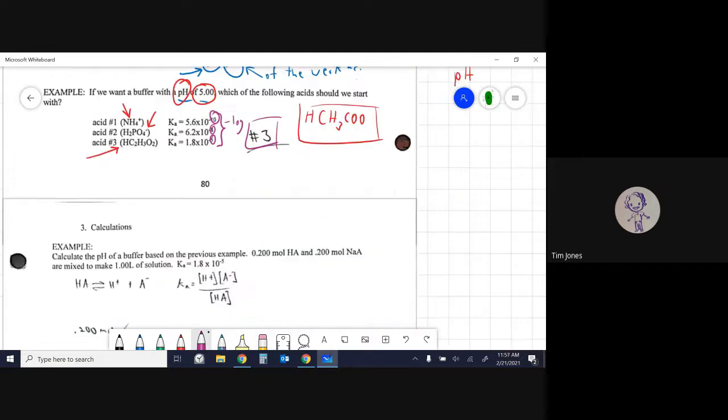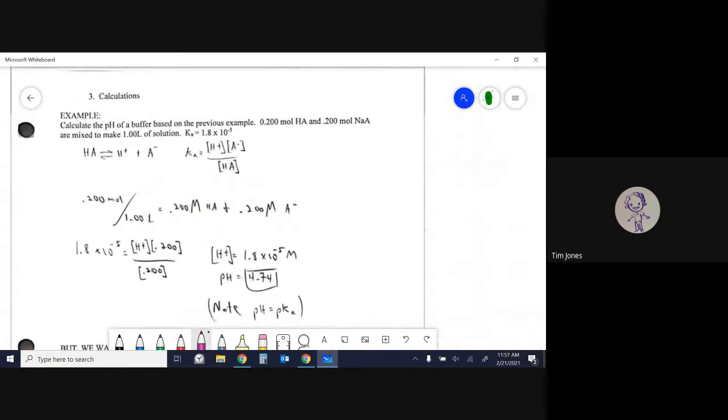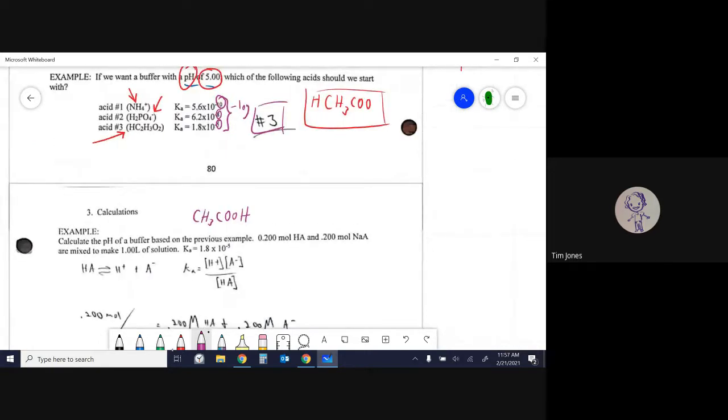So moving along, let's say we take the acetic acid from earlier. CH3COOH, which is acetic acid, or the way I wrote it earlier, I put the hydrogen in the front right here. Either way is fine, but this is the more normal version.